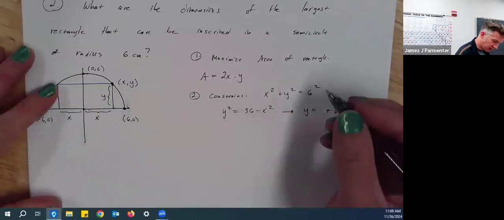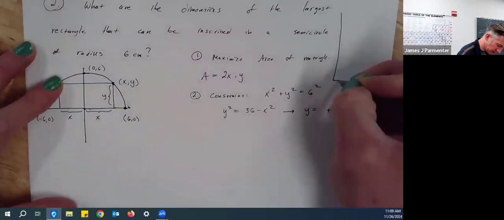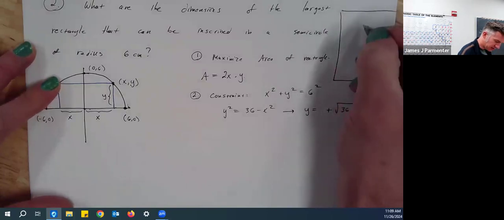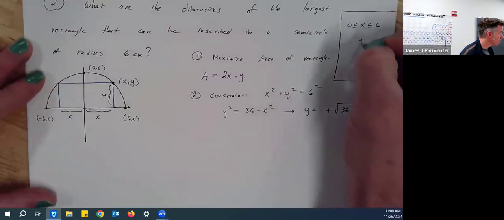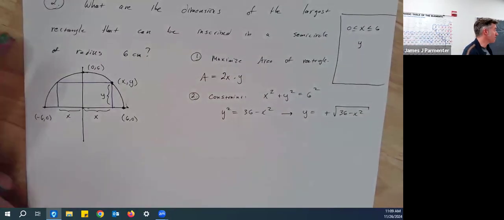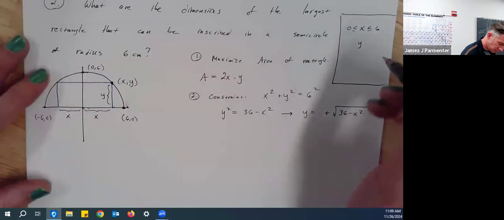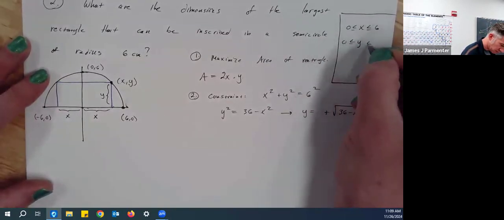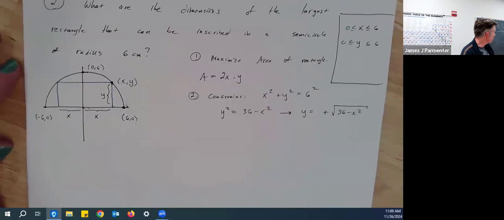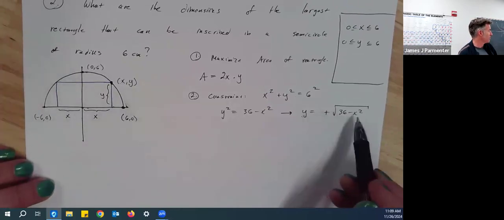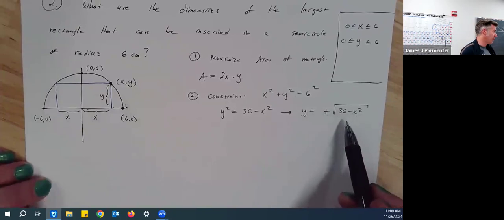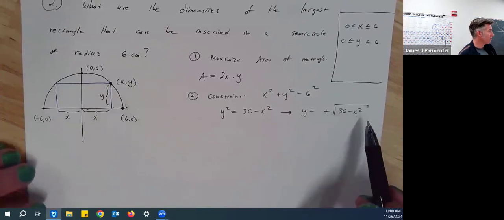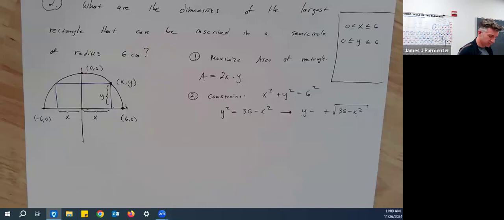So our x value is stuck being between 0 and 6, and our y value is going to be between 0 and 6. Which makes a lot of sense if you look at how y and x are related. If x was 0, y would be 6. If x was 6, y would be 0. And you can't go further in either direction here.